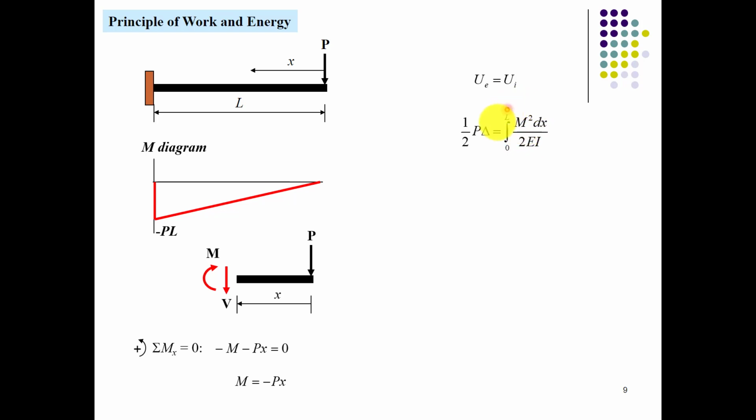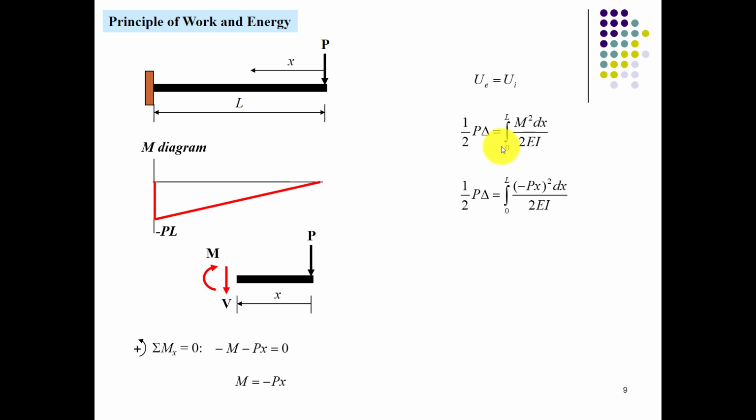This is basically for the bending or purely flexure case, in which we have M square dx over 2EI. M is the moment value. EI is the flexural stiffness of this beam. The limit is 0 to the whole length of this cantilever beam.